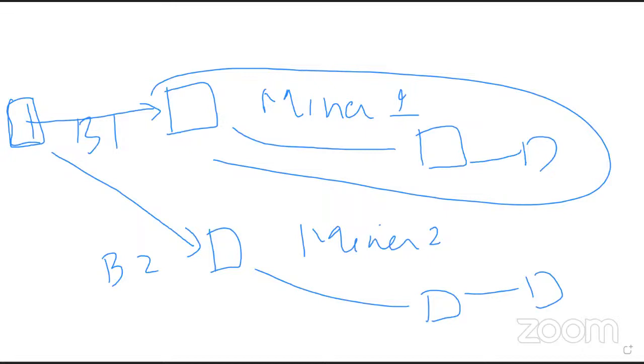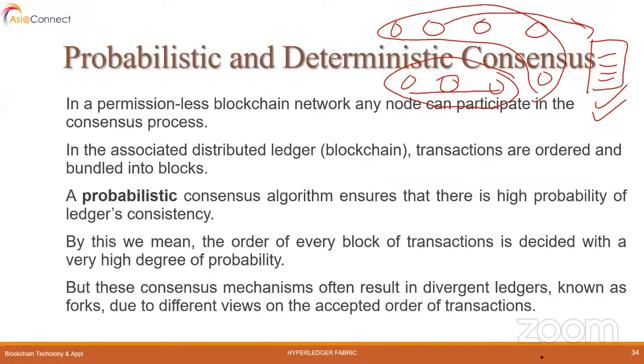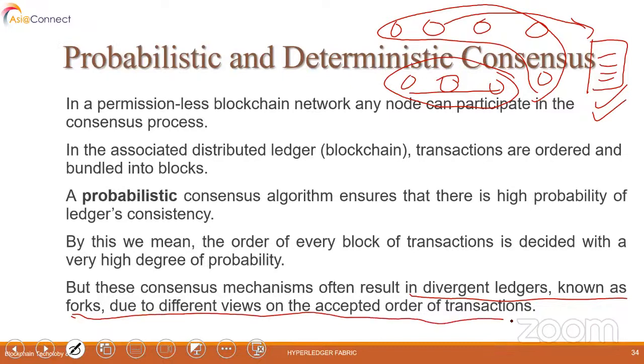So what I mean to say here is that it is very likely that there are divergent ledgers, known as forks, due to different views on the accepted order of transactions.